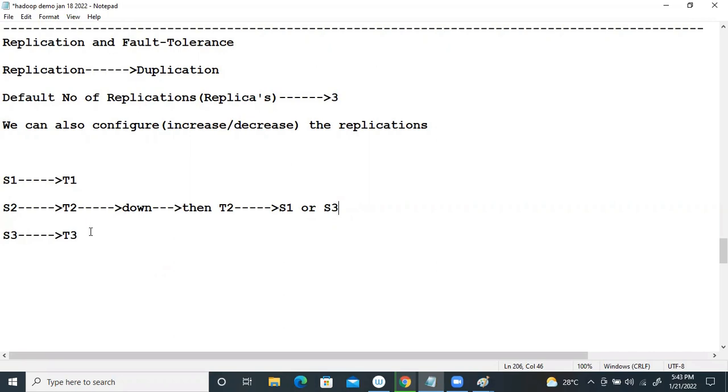Okay. Here a 4 steps criteria is followed.